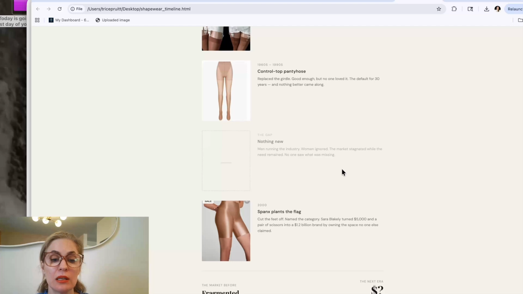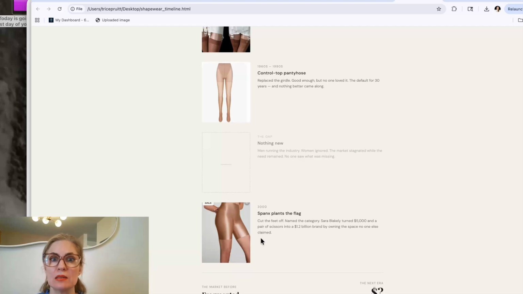And Sara came in with Spanx. She just cut the legs off the pantyhose and used them to flatten her panty lines. And she filled that gap in the market. Because she filled that gap, that's what allowed the company to be sold for $1.2 billion.